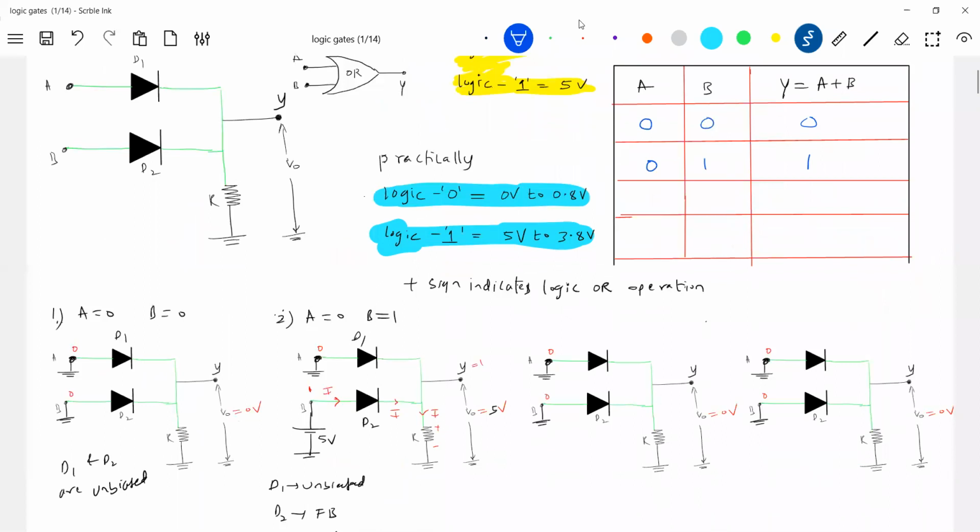Now similarly, let me connect this to a cell. Okay, this will be like this. So what is the logic here? Logic will be 1, then 1. This will be 5. The current will flow like this.